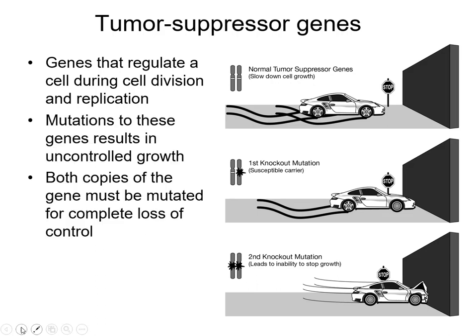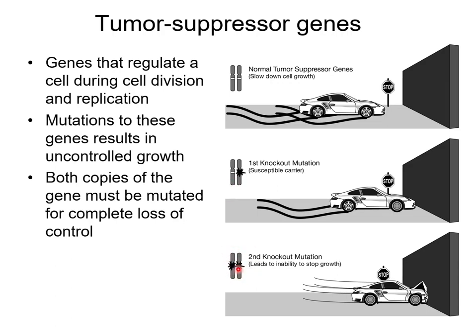And here with our tumor suppressor genes, you can see if both copies of our tumor suppressor gene are happy and normal, we have controls. We can slow the car down. We can stop the car so that we don't run into a wall. If you mutate one of the tumor suppressor genes, because remember all of our cells have homologous chromosomes that code for the same type of genes on each one, then you can almost stop and you can still control it because the good gene still makes enough.